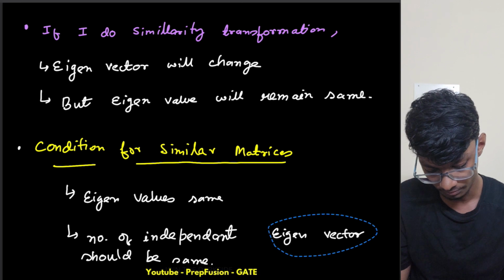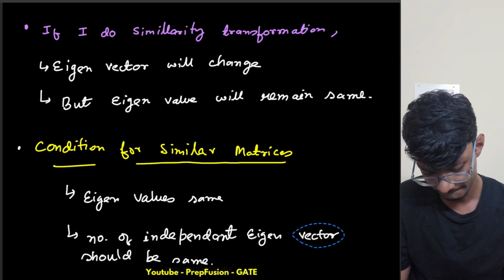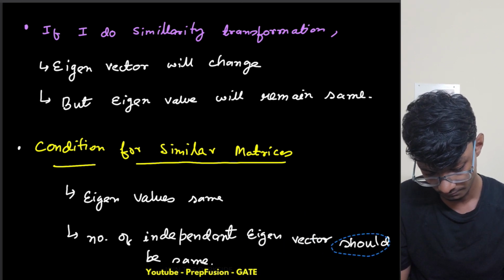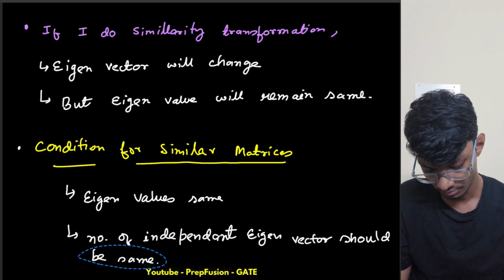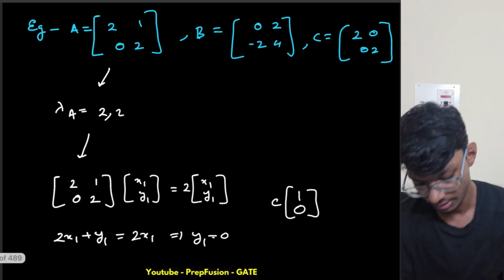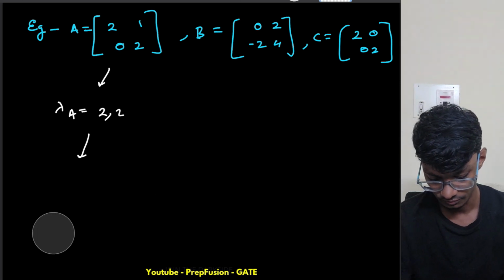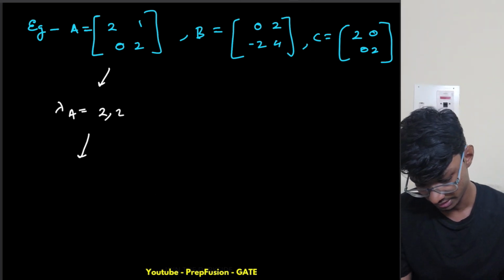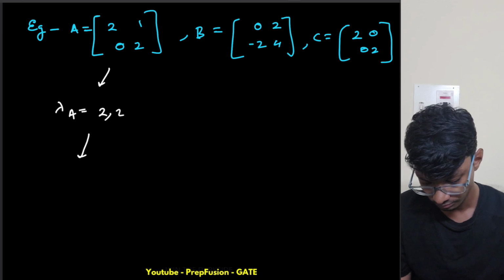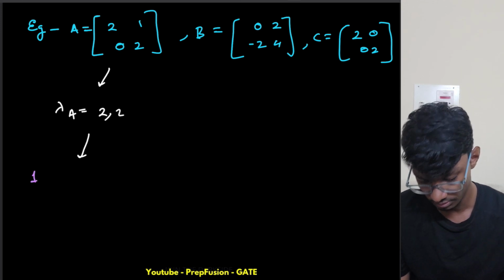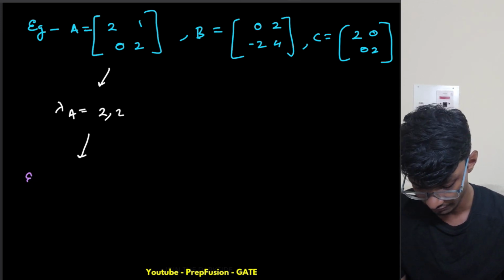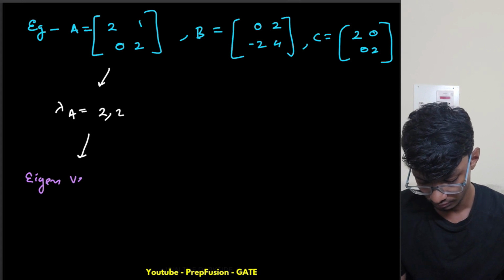So this is a more complete definition. This has only one independent eigenvector, so I will delete it. Okay, this one was just for rough work. So this has one independent eigenvector. So the number of eigenvectors equals 1 only.